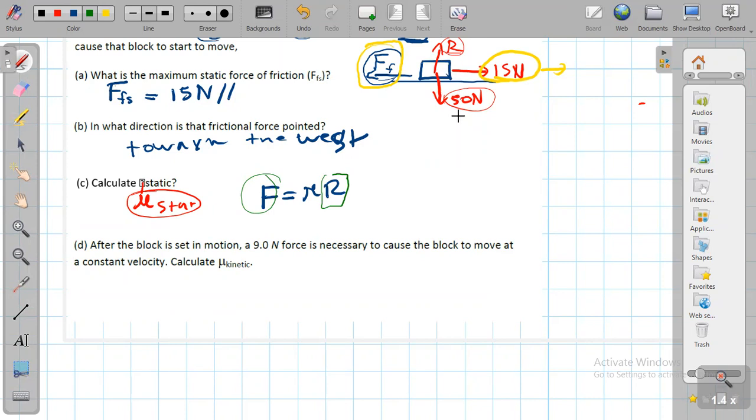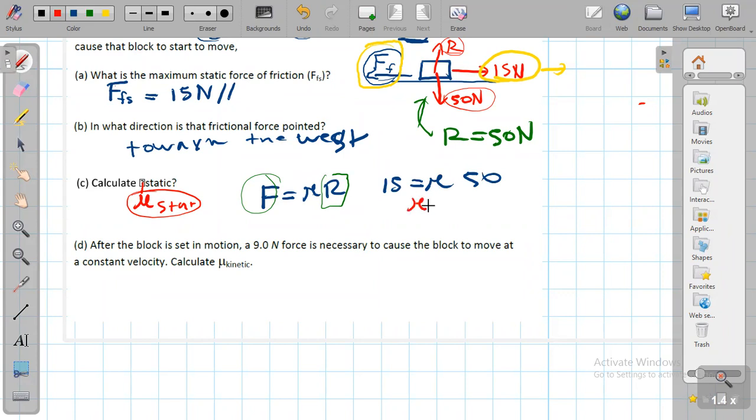According to this diagram, the reaction is equal to 50 Newton. So the force is 15, mu times 50.